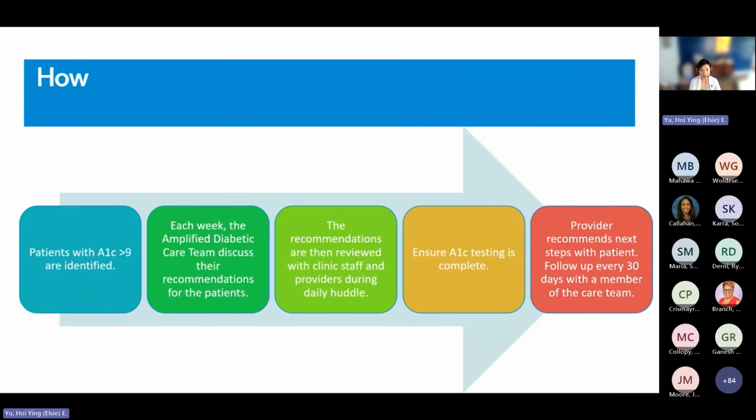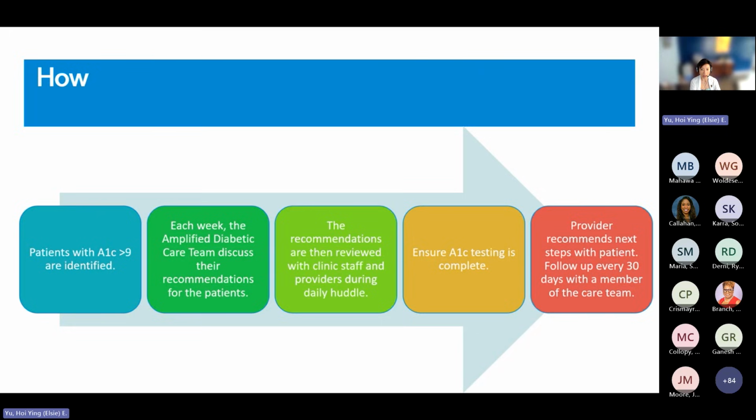What this team does is that they have a list of patients with high HbA1c, and each week this team will discuss their recommendations for the treatment plan and follow-up plan for these patients, and the recommendations would then be reviewed with the clinical staff and providers during daily huddle.